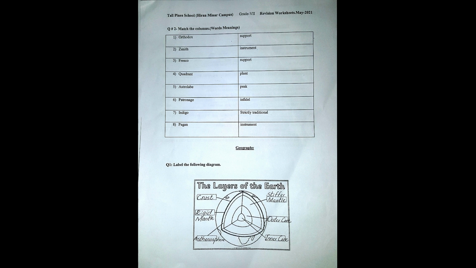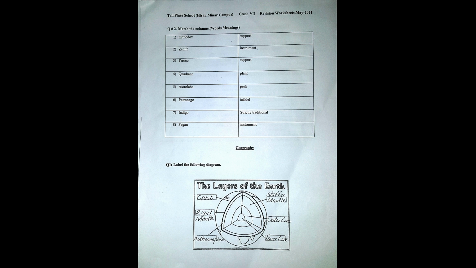The layers of the earth. Here are 6 arrows. We have to write names of the layers in the given boxes. First layer is crust.